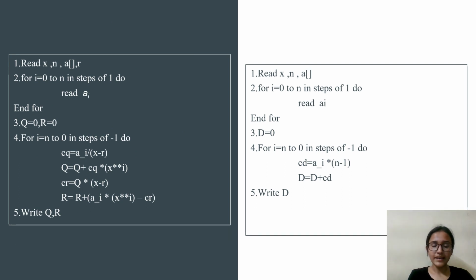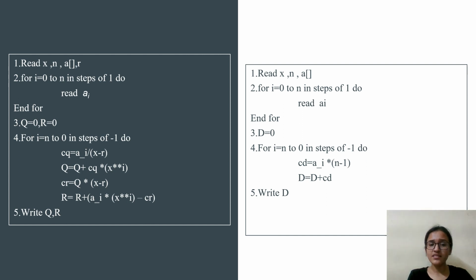The left side of the algorithm represents dividing the polynomial by x minus r. So here again, we will be reading the value of x, n, that is the number of terms, a, an array of coefficients, and r, which is the value we have to subtract from x.